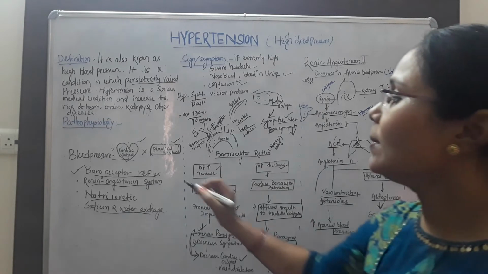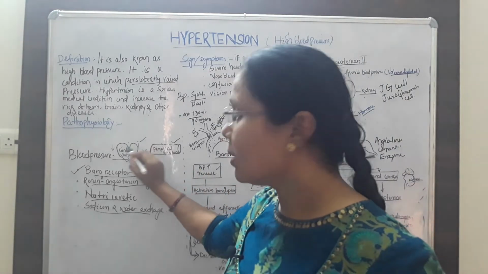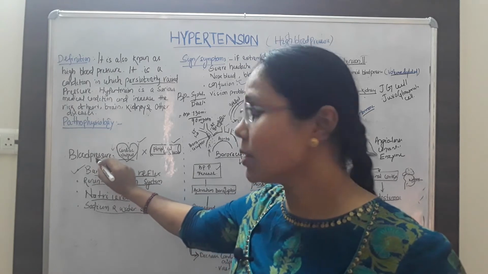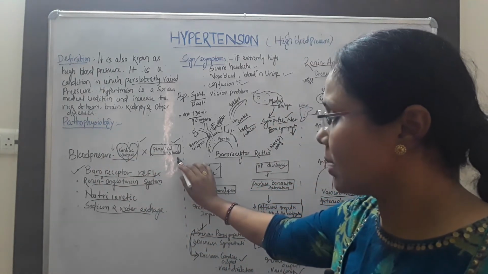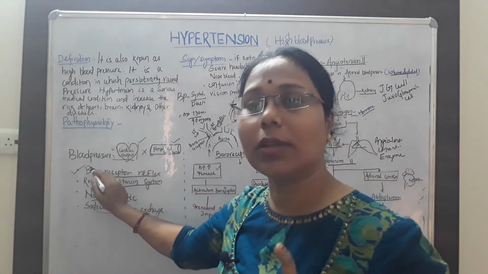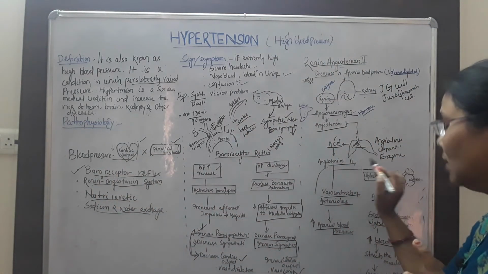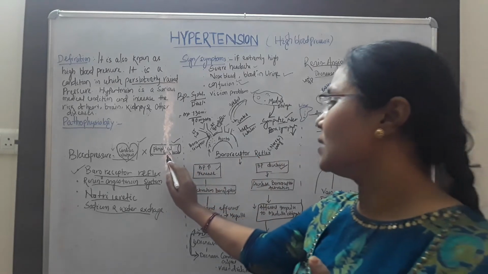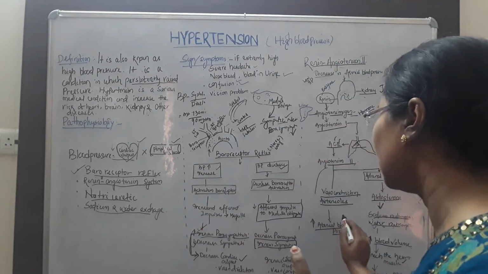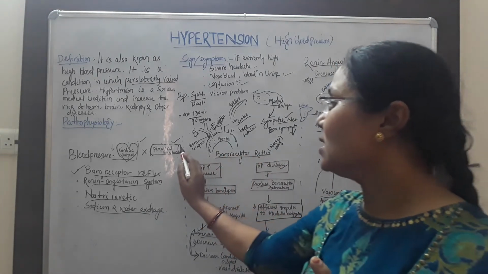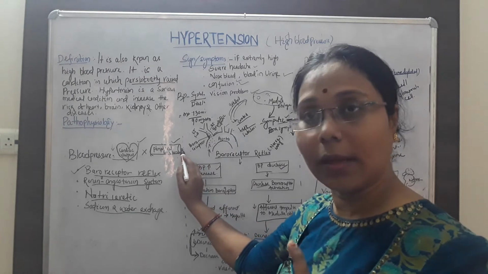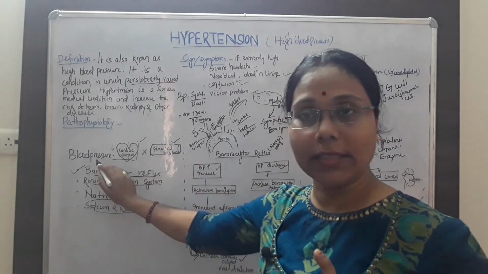As I told, if the cardiac output increases, that is one cause of blood pressure. If the peripheral resistance increases, that also leads to a rise in blood pressure. Angiotensin 2 gives resistance through vasoconstriction of the arterioles, so the peripheral resistance in the arteries rises, leading to a rise in blood pressure.